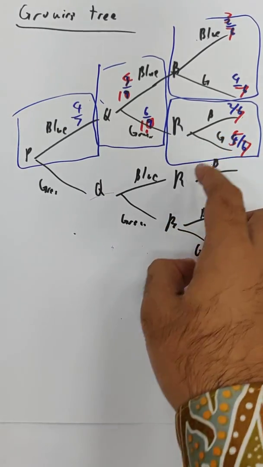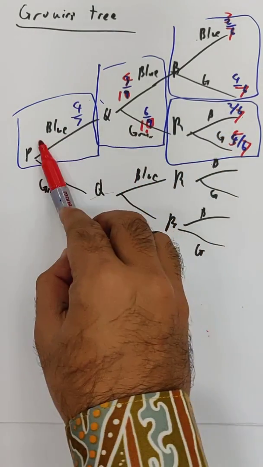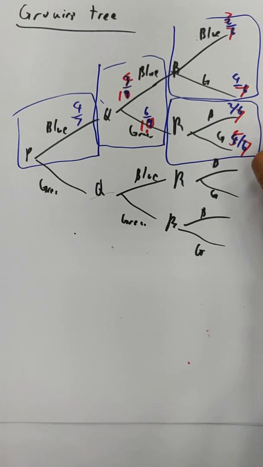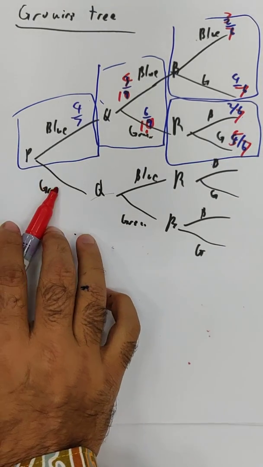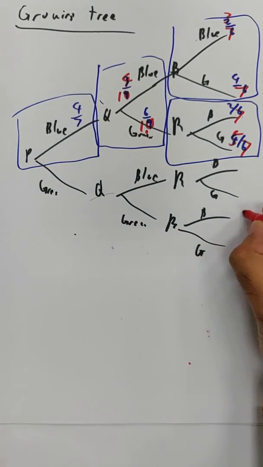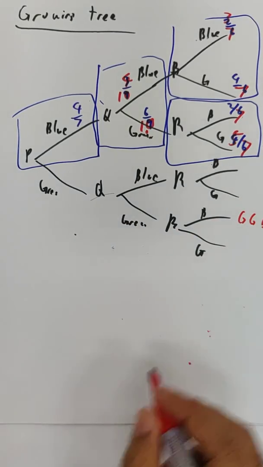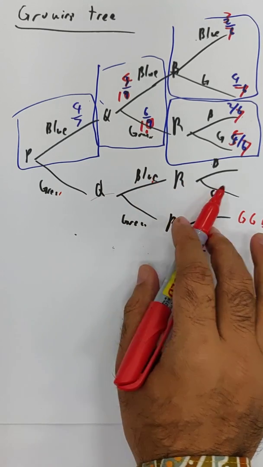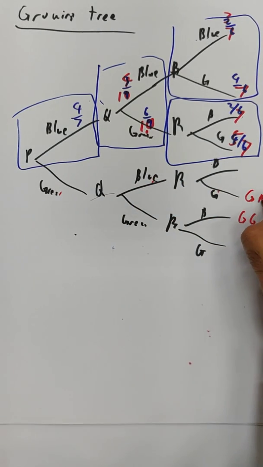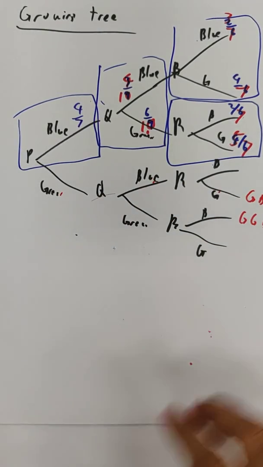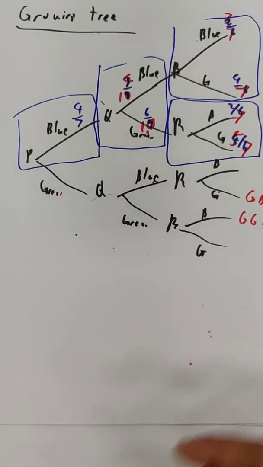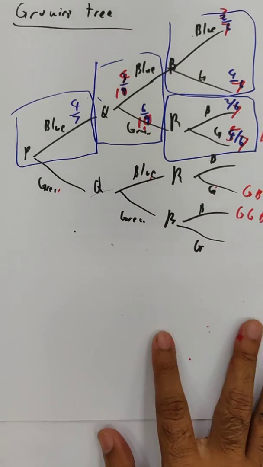Or you can see here blue, green, green. Or green, green, blue. Yes, one more. Green, blue, green. So this one you need to kind of think about it. I think we have one more. Okay, I think that's all.